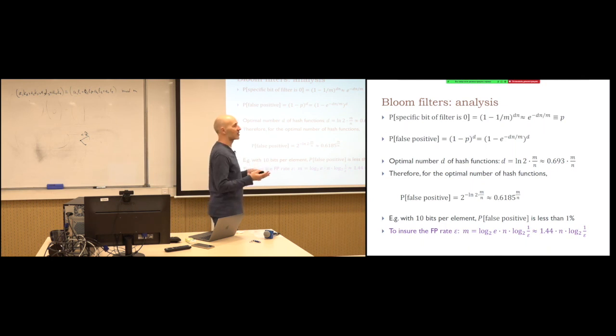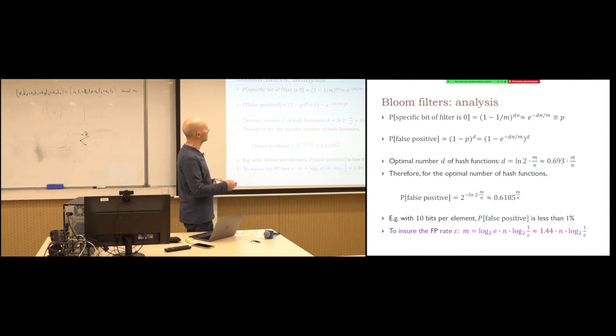Well, I am informal here, but intuitively it should be clear that too few hash functions is not good, and too many hash functions is also not good. Because if we have too many hash functions, then our bitmap is too much populated with ones, and we have false positives for another reason, because there are too many ones. Okay, so there should be some optimum, some golden middle in this d.